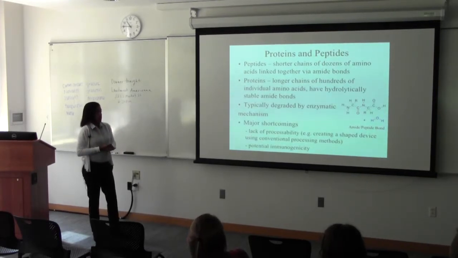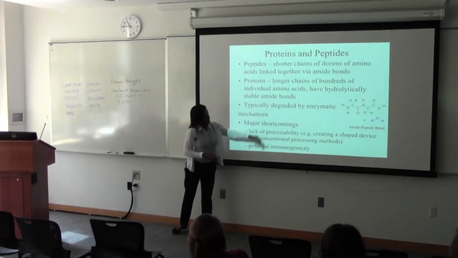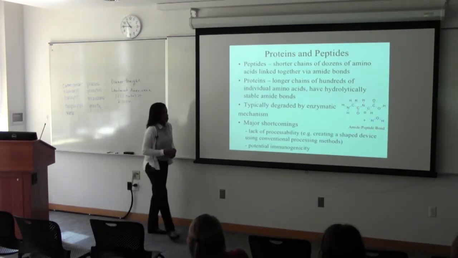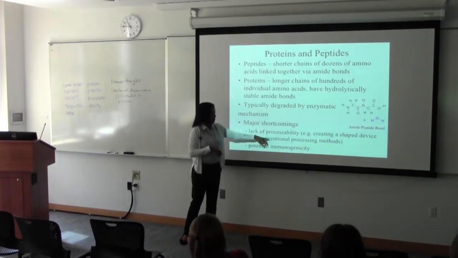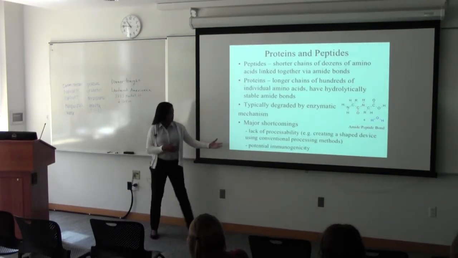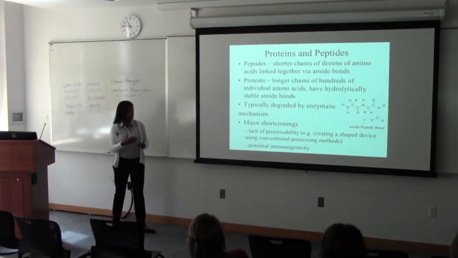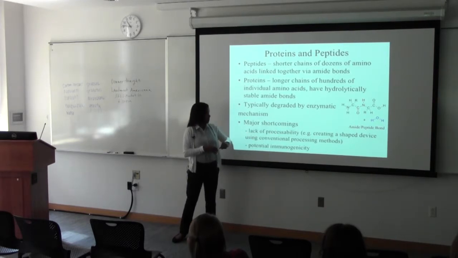But normally in the body, those materials will degrade by enzymes, and that's fine. So the major shortcoming is processing. We can't really use water to dissolve this stuff. Heat is also a problem. Conventional processing methods, which sometimes require heat, will denature these proteins, and then you're left with whatever you have.